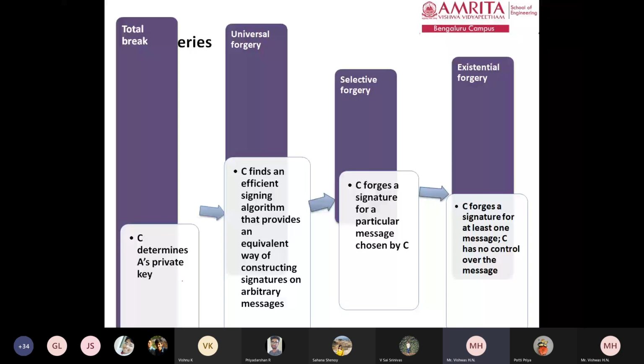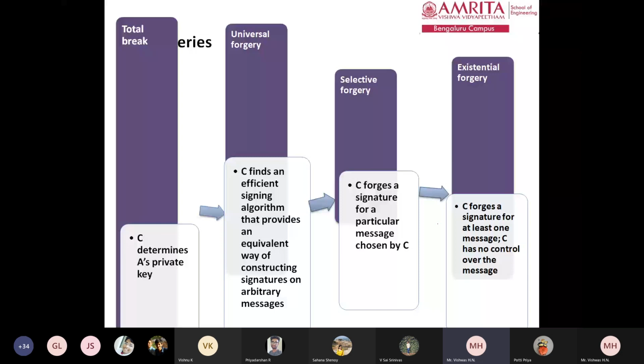Universal forgery: C finds an efficient signing algorithm that provides an equivalent way of constructing signatures on arbitrary messages. Selective forgery: C forges a signature for a particular message chosen by C. Existential forgery: C forges a signature for at least one message, but C has no control over the message. Again, these four are different types of attacks.